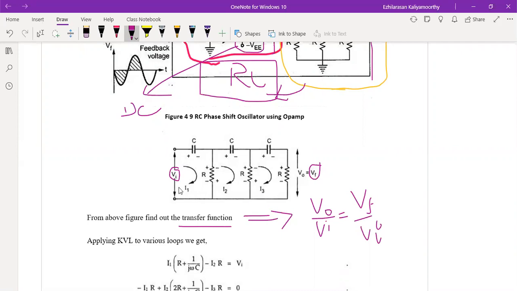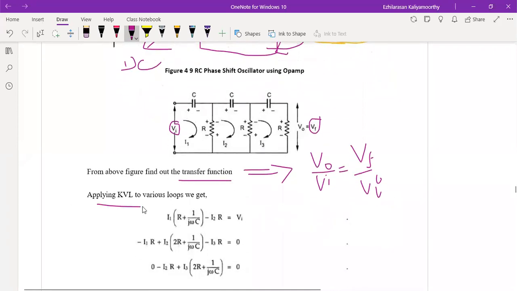We have to calculate this. To find it, we need to apply Kirchhoff's voltage law to the various loops. See here, we have loop number 1, this is loop number 2, and this is loop number 3, closed loops. Now assume the polarities plus, minus in each element, here plus, minus, again here plus, minus.